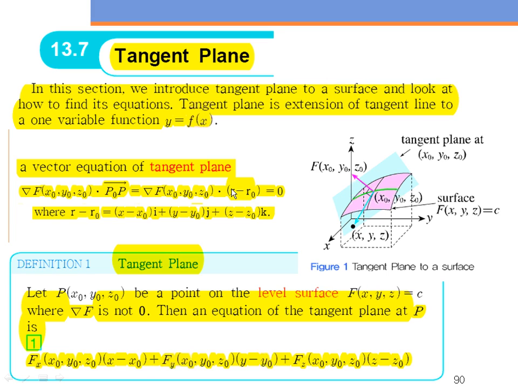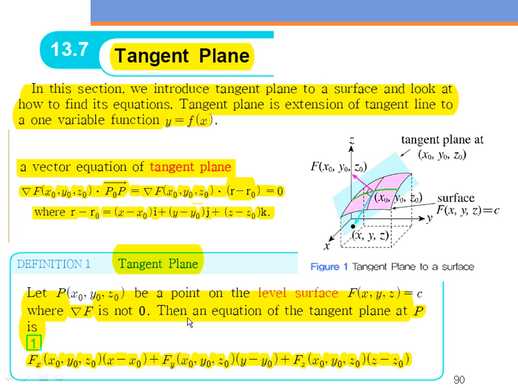That's where the equation comes from. We can summarize it in this way. Let P be a point on the level surface of this function f, where the gradient of f is not 0. Then the equation of the tangent plane at P, the blue one, is the set of vectors x, y, and z that satisfies this equation.